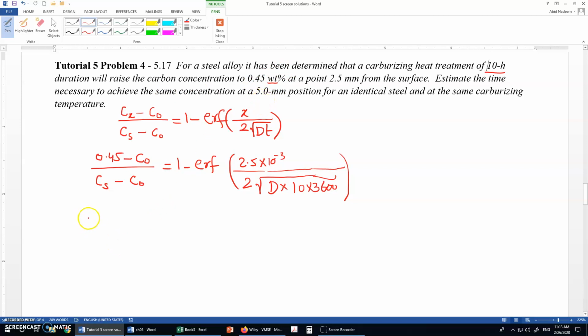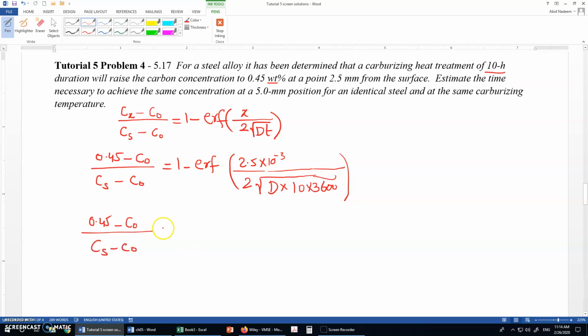Okay, so we can apply this equation again, with the same concentration: 0.45 minus C naught. C naught will be the same because in the initial condition, at time 0, at the beginning we will assume that the concentration throughout is the same, divided by Cs minus C naught.